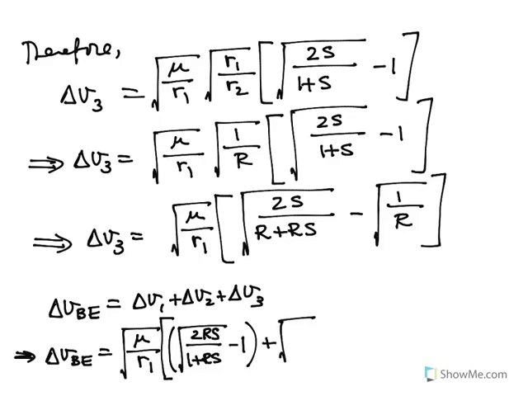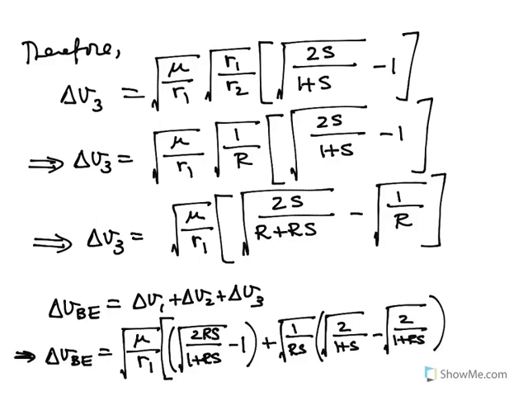Plus, I've got the square root of 1 over rs times the square root of 2 over 1 plus s, minus the square root of 2 over 1 plus rs, and then I have plus this last term, which is the square root of 2s all divided by r plus rs, minus the square root of 1 over r. I put that in parentheses also, just to remind myself that that's associated with the last delta v. So we can rewrite this.